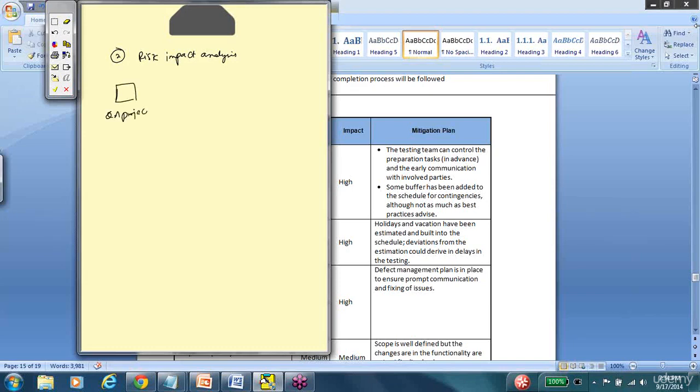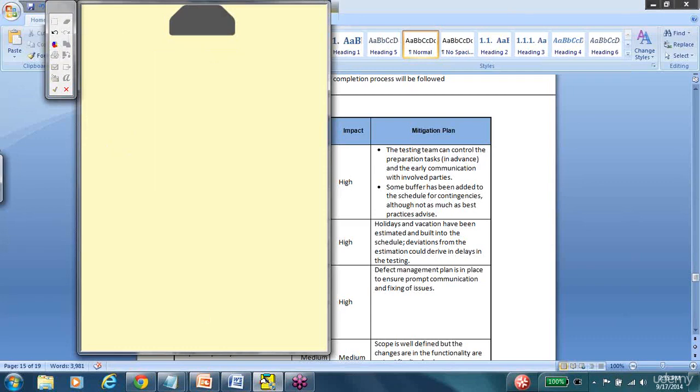Always remember that the risk at this point of time is at the level of a project, not for the application under test. Here we are not considering what can go wrong with the product itself. We are always thinking about what can go wrong with the testing project as a whole. That is why this is a part of the test plan, not part of the test strategy per se.